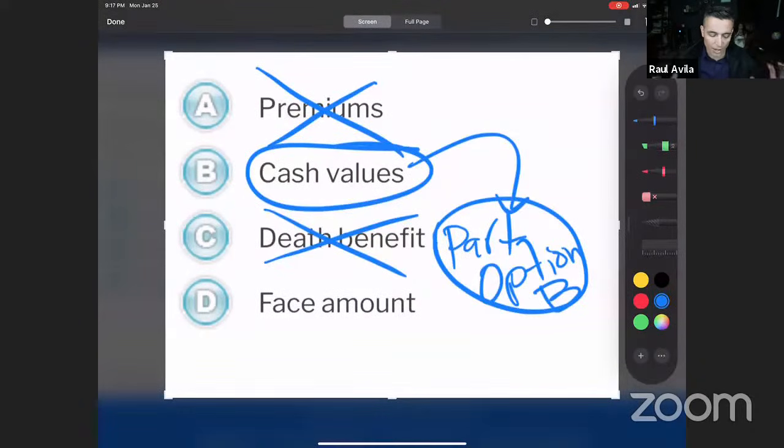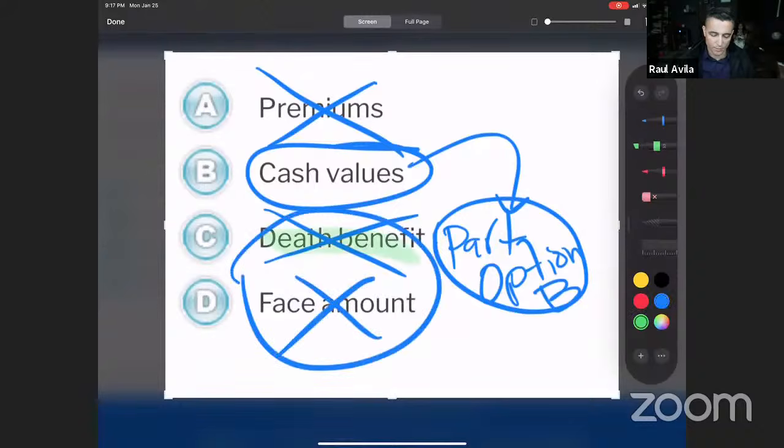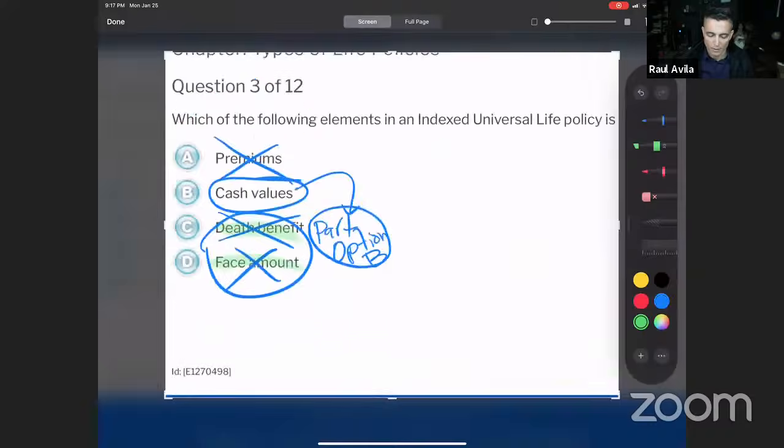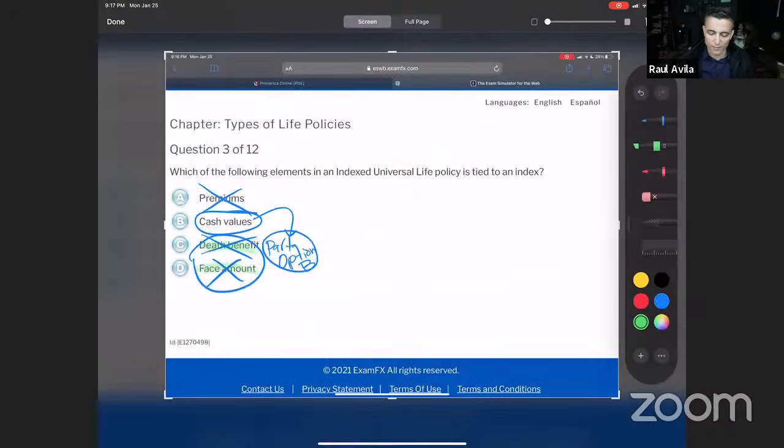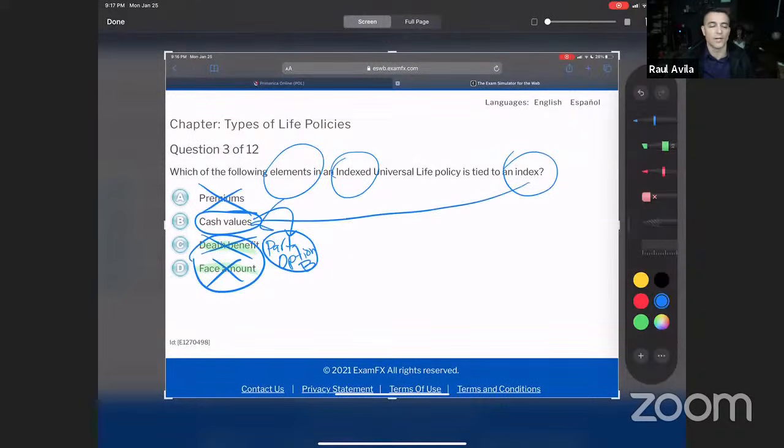It asked about all of it, right? Is it the face amount? That's the same thing as death benefit. These two are the same thing. The question asks which element, the entire element, in an index universal life policy is tied to an index. The cash value is tied to the index.